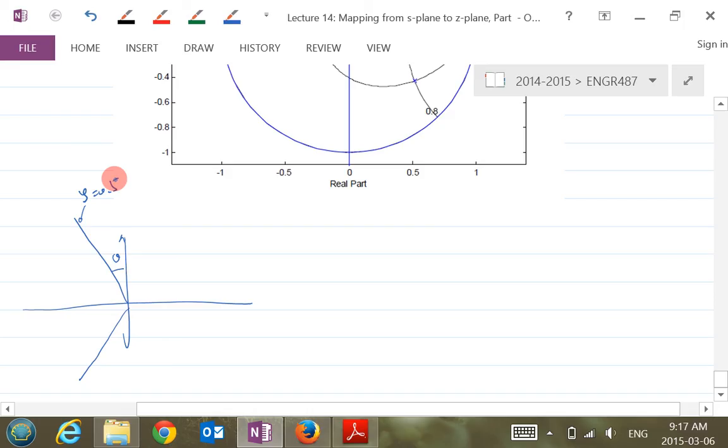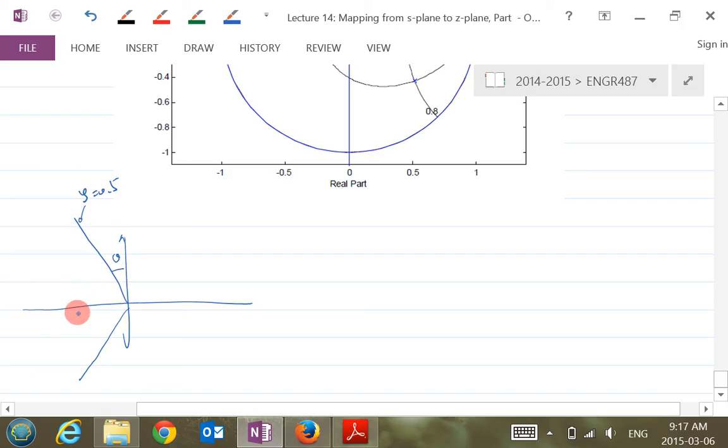What does that mean? That means the pole in the S-plane should be where? Should be here or here? Should be within this sandwich or outside this sandwich? If I want my zeta to be greater than 0.5. Here, right?